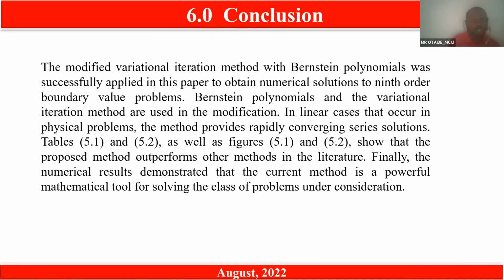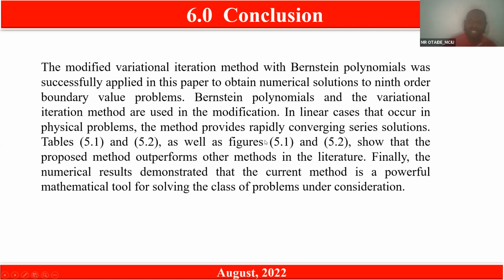So in conclusion, we see that the modified variational iteration method with Bestin polynomials was successfully applied in this paper to obtain numerical solutions to nine boundary value problems. So Bestin polynomials and the variational iteration method are used in the modification.